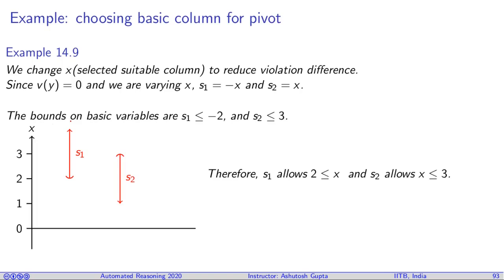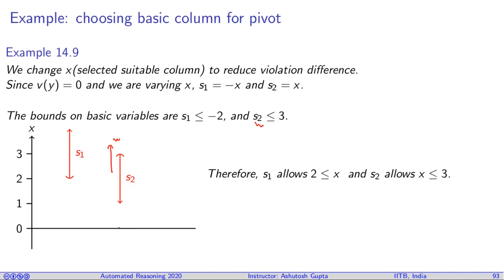Now let's look at s2, which allows less than or equal to 3. If you ask s2 how much I can change, s2 equals x, then x should be less than or equal to 3. So basically it says that x should be somewhere here. If x goes above this, then I am very unhappy, I'll get violated.